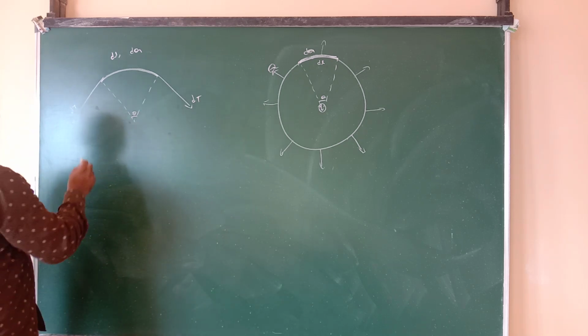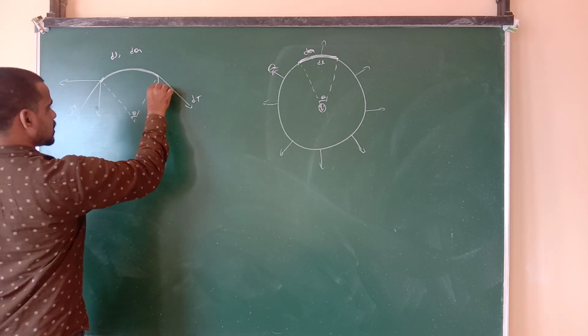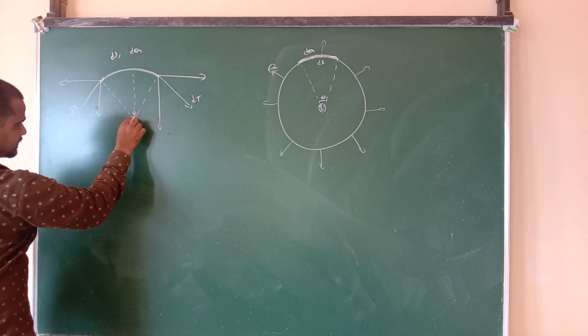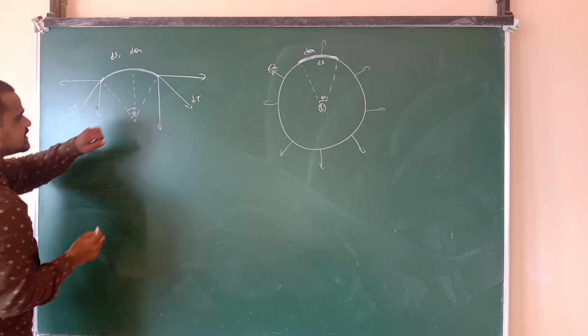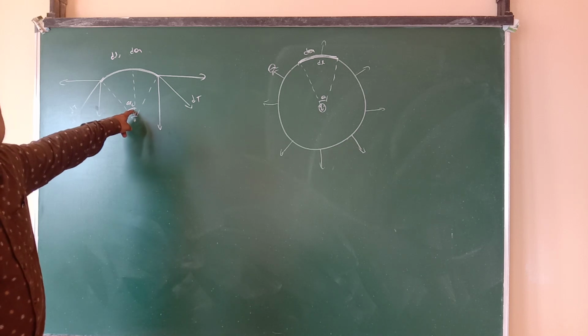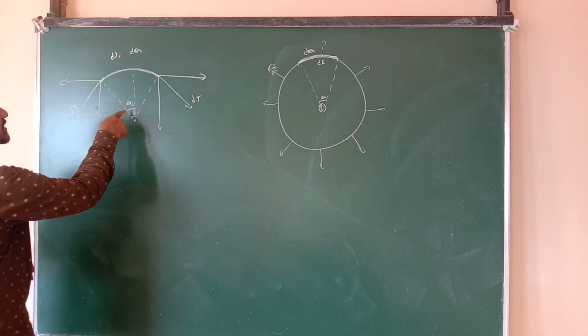Now I am resolving this dt into two components. How to resolve it? I am taking the angular bisector. Then this angle here is theta by 2.